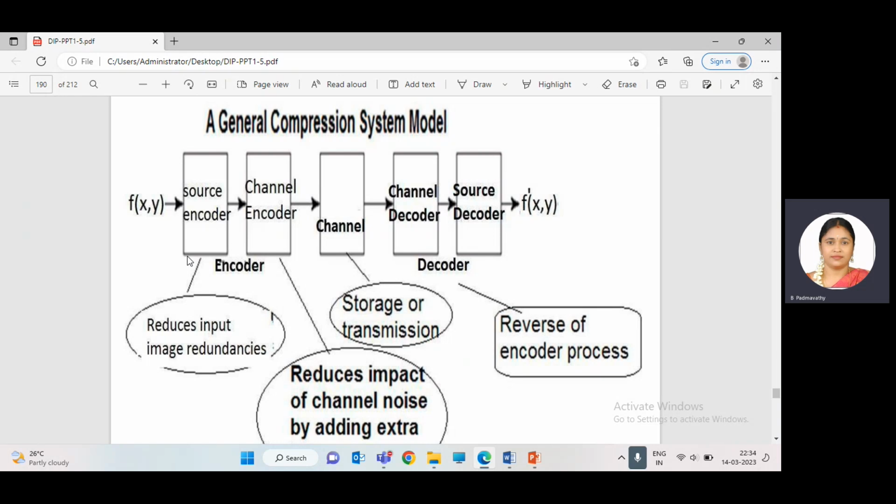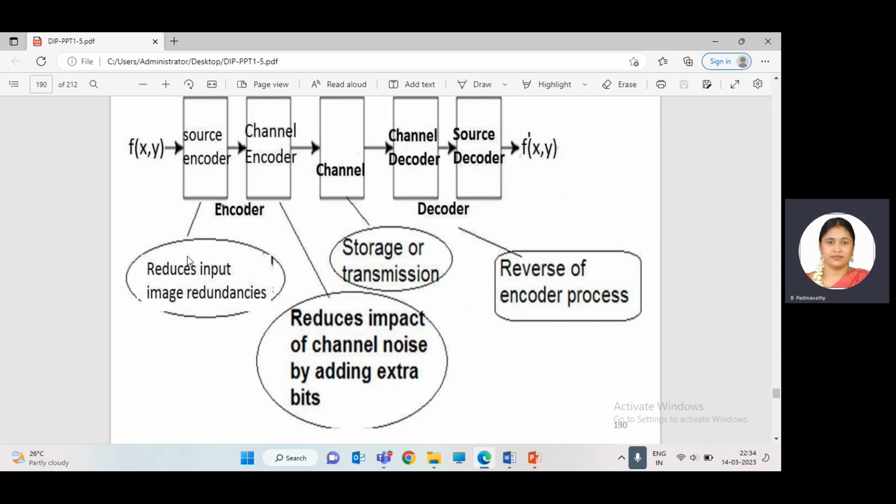And here we can see this is the encoder and this is the decoder. The encoder is made up of a source encoder, which removes the input redundancies, and a channel encoder, which increases the noise immunity.